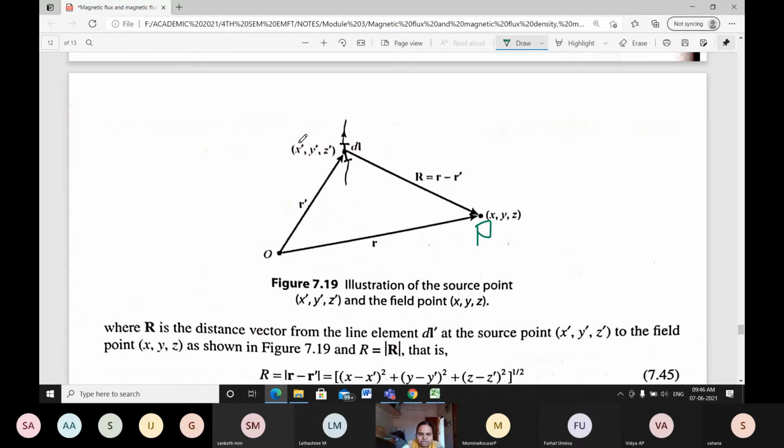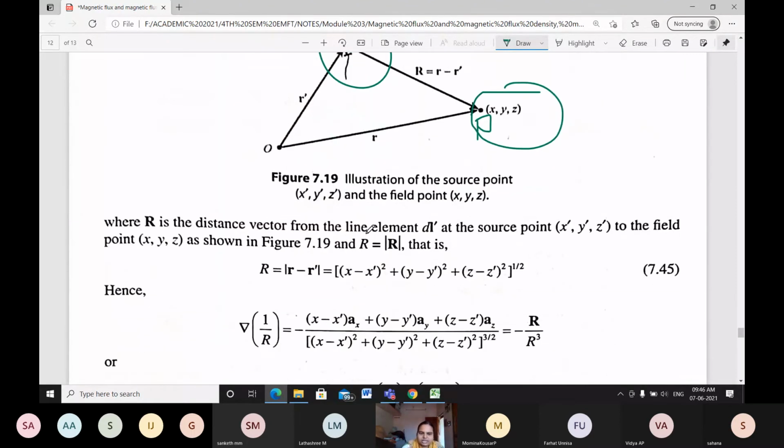Then here the position is x dash, y dash and z dash, at distance r dash only. This is the source point, and this is the field point, where r is the distance vector from the line element dl dash that you have to consider here.